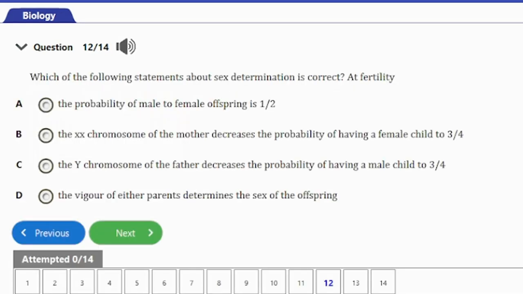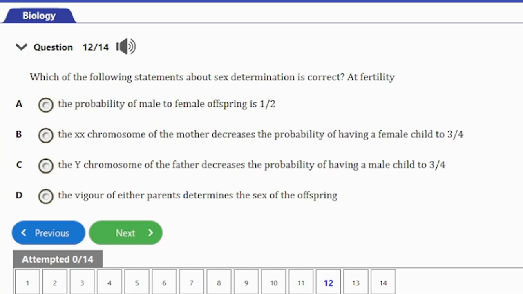So let's consider the next question here. Question number 12. It says, which of the following statements about sex determination is correct? At fertilization, A, the probability of male to female offspring is 1/2. B, the XX chromosome of the mother decreases the probability of having a female child to 3/4.